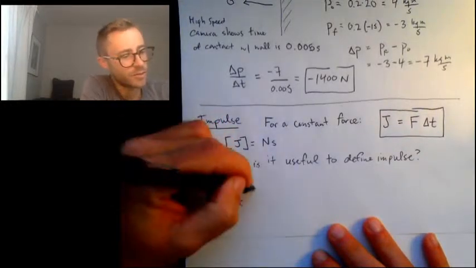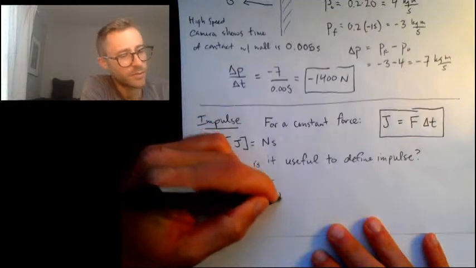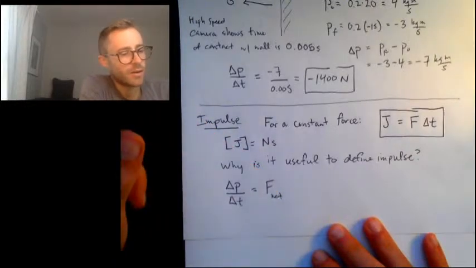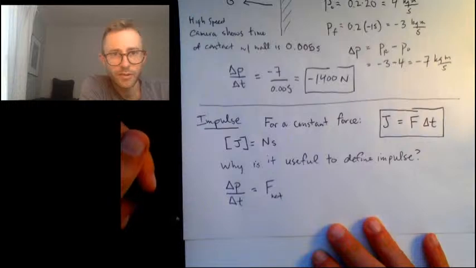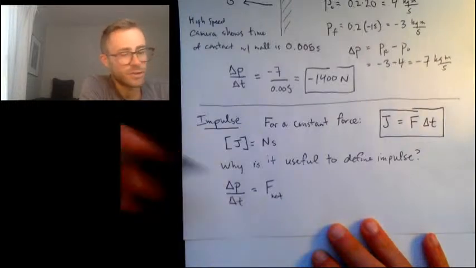Rate of change of momentum is equal to net force. And then what if I multiply both sides by delta t?